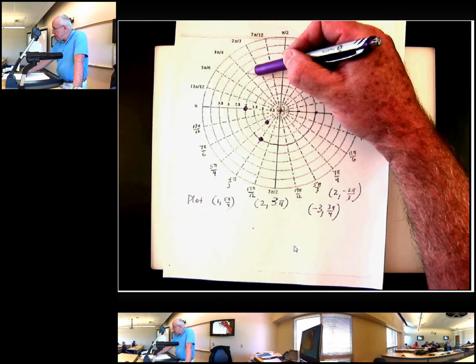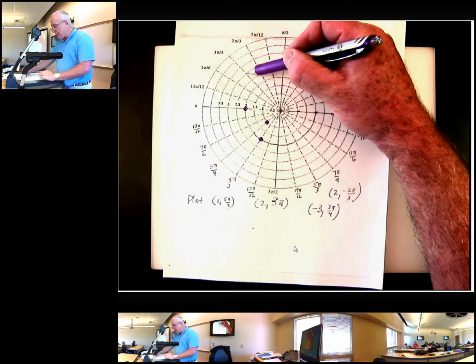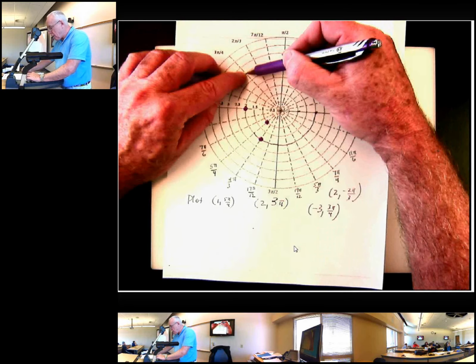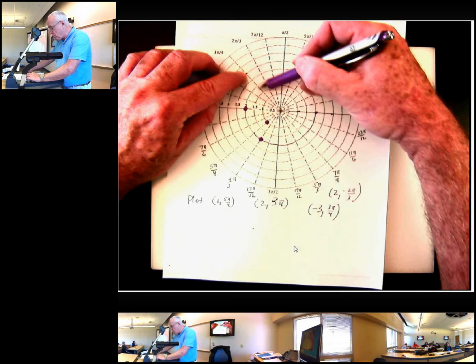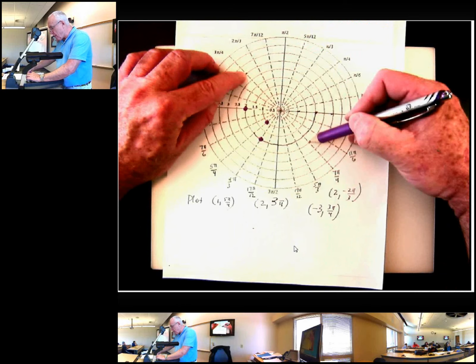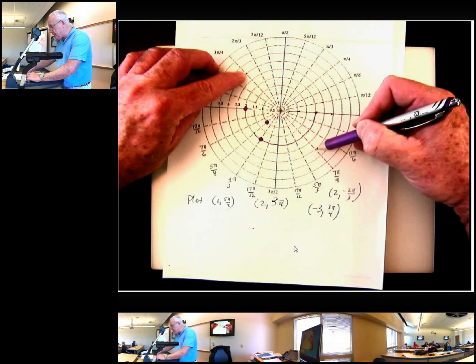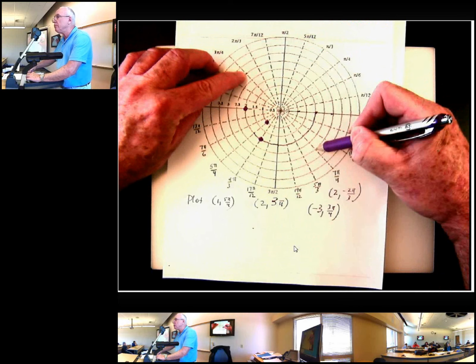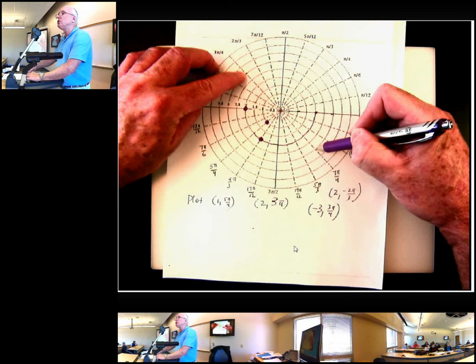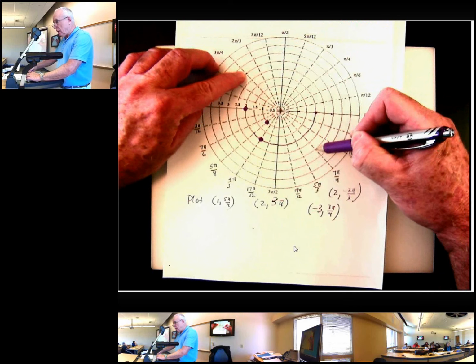To get to negative 3, 3/4 pi, I take this point here, trace it through the pole, and go all the way to the other side of the pole to where I'm again at distance 3. So I have to go to the opposite quadrant of my angle.